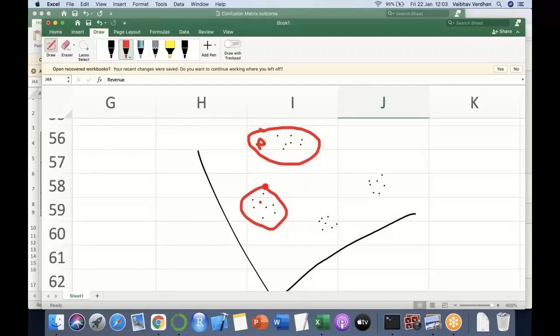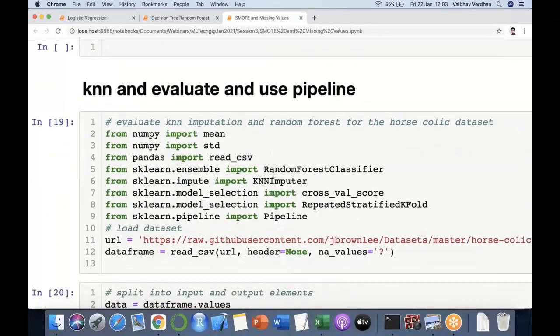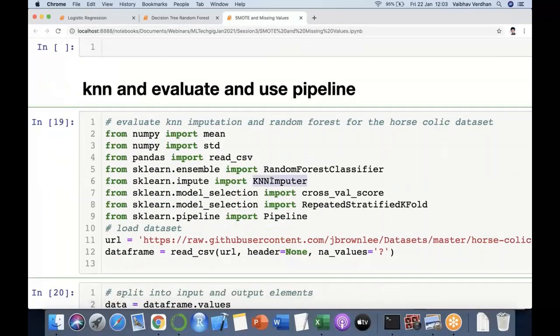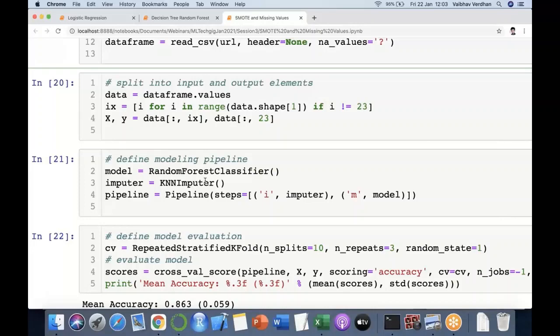Okay, that is the concept behind k nearest neighbor. So using k nearest neighbor, we can impute our missing values. So there is a KNN imputer, right? And using KNN imputer, we can impute our missing values.